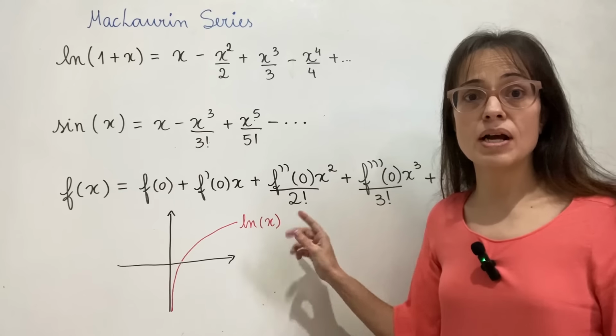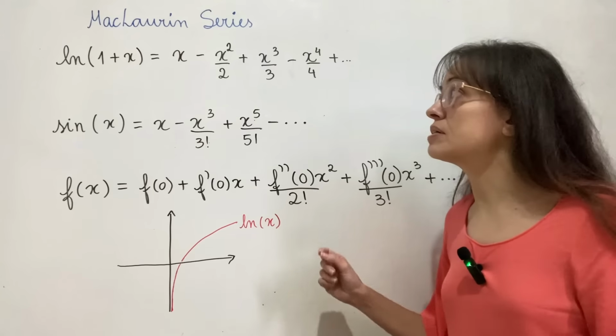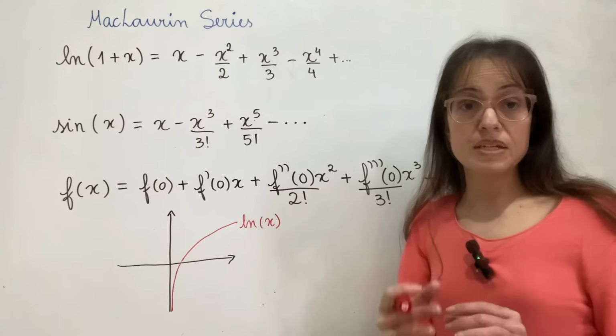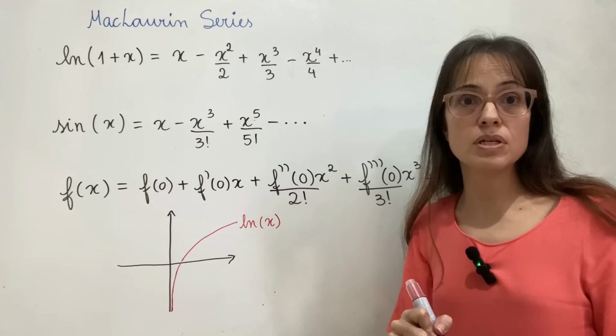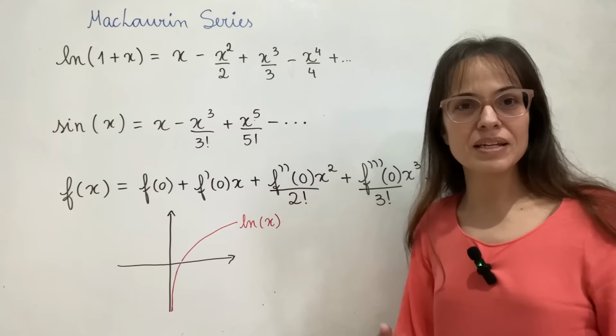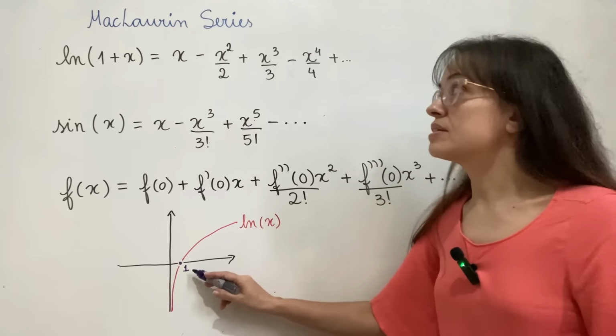And the reason why ln is different in that list is because they wouldn't be able to make a series for ln x that is making a polynomial that agrees with ln at x equals 0, because ln doesn't go through x equals 0. That is a vertical asymptote. So they do it at 1 instead.